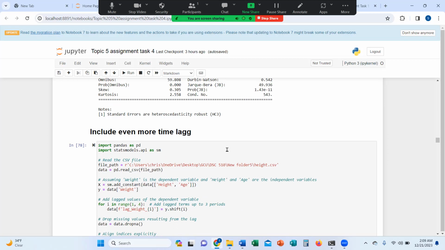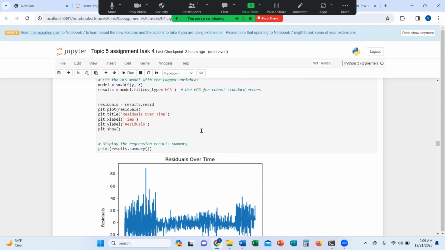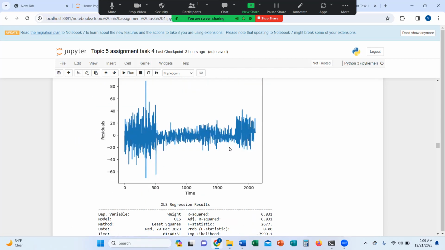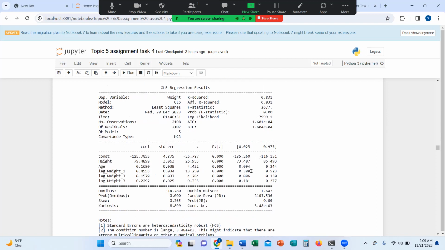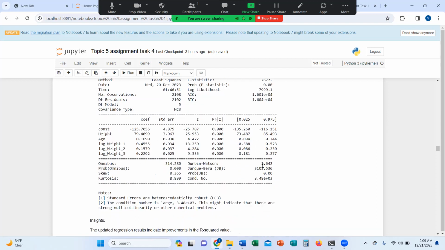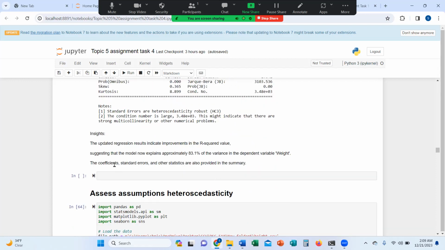And I included more time lag here, and the value went up again to 1.642. And the coefficient, standard errors, and other statistics are also provided here. And it also shows that there was an improvement in the R value.